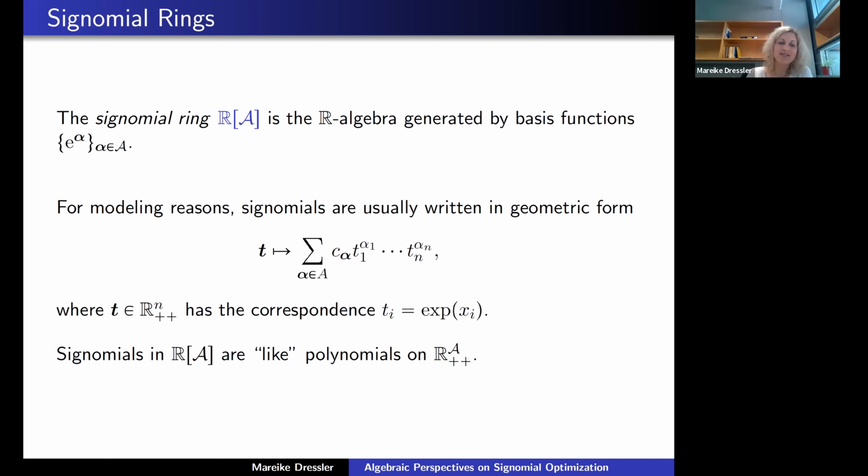And this looks aesthetically identical to a polynomial. In order for this expression to be defined, clearly the vector t has to be element-wise positive. You can think of Signomials as generalized polynomials, where you allow arbitrary real degree, at the cost that you restrict your function to the positive orthant.